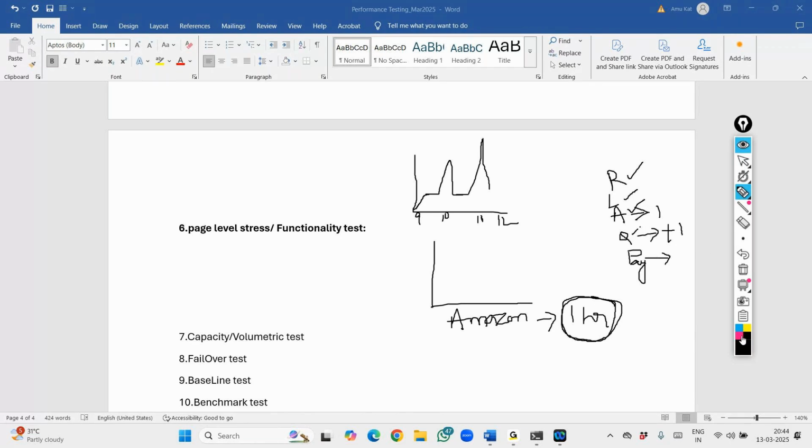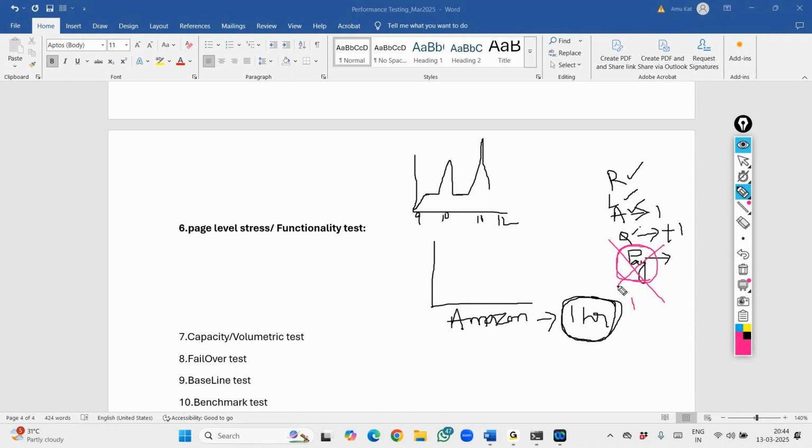So the main pressure will be focused on payment, because if you are having only 1 hour, from the very first second the payment page is going to load with multiple requests. In that type of situation, most of the payments are going to fail.